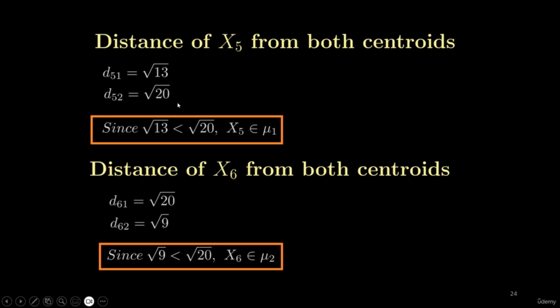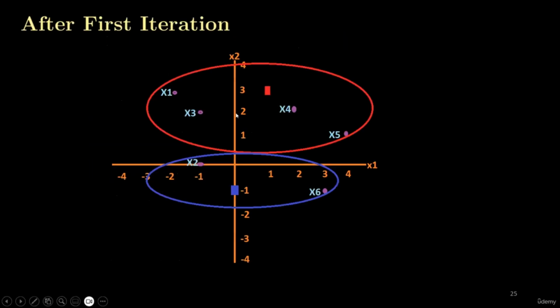Now it's time to go to the scatter plot and plot the clusters. So this is after the first iteration, and we can see that x1, x3, x4, x5, these 4 points belong to cluster 1, and x2 and x6, these 2 points belong to cluster 2.